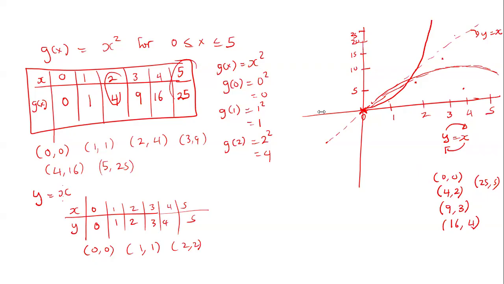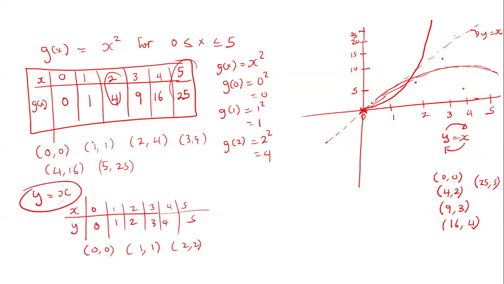No, the line y is equal to x is the reflection line for all functions. As long as it is a function and you are going to reflect it, this is always the reflection line.